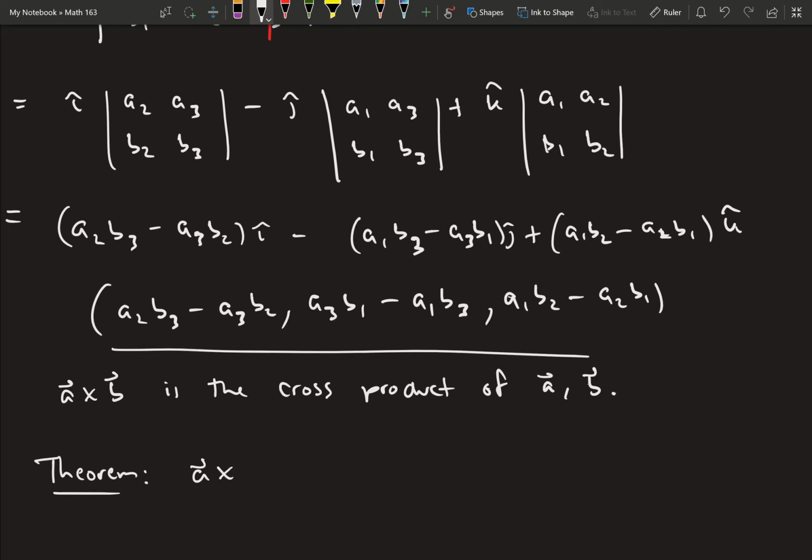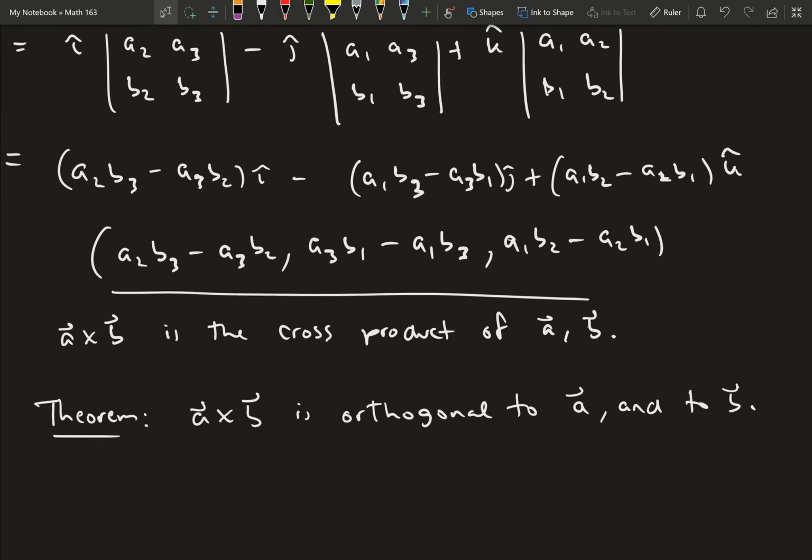A cross B is orthogonal to A and to B. In particular, if you take the vector A and you dot it with A cross B, this equals 0, and the same with the vector B. If you dot it with this, you'll get 0.